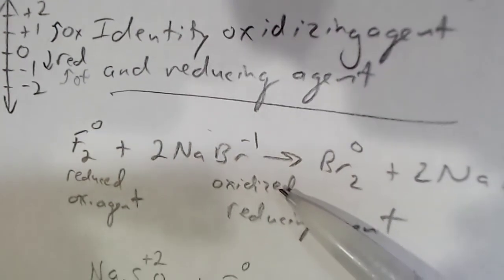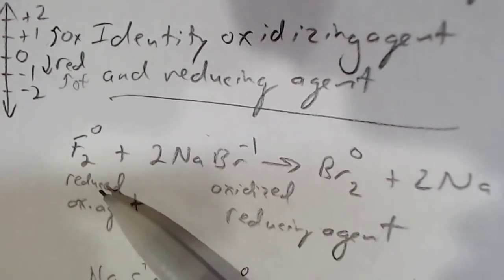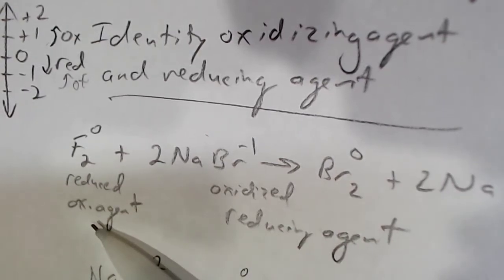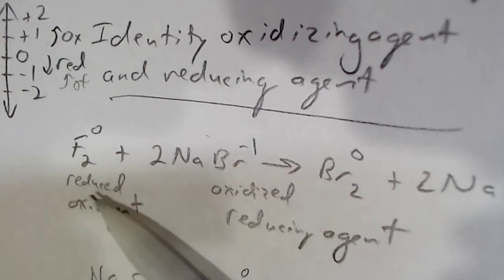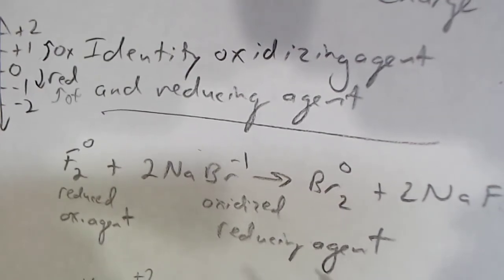You could solve this without even writing out any algebra or half reactions. If I just asked you what is reduced, you'd say fluorine. But if I said what is the oxidizing agent, you would say fluorine as well. Remember, if something is reduced, opposite, it's the oxidizing agent. And then sodium bromide. The bromide within it is oxidized, so the sodium bromide is the reducing agent.